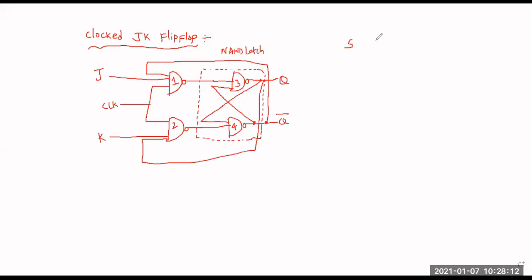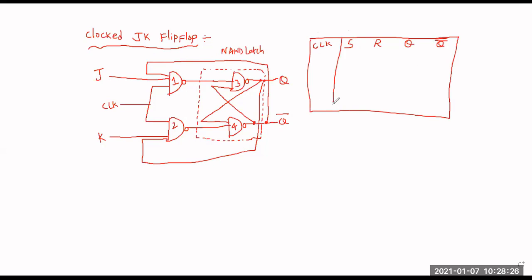And next, the truth table of the clocked SR flip-flop is required for getting the truth table of the JK flip-flop. So whenever we don't apply the clock pulse, then independent of the SR values, there is no change.